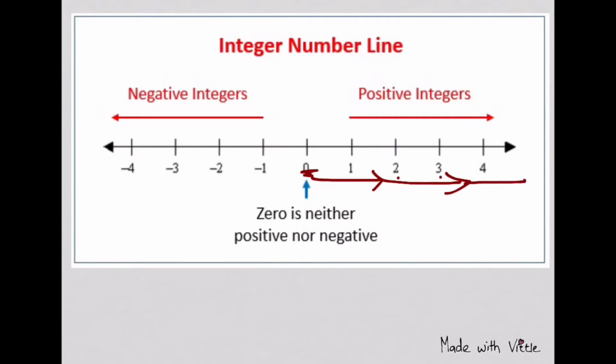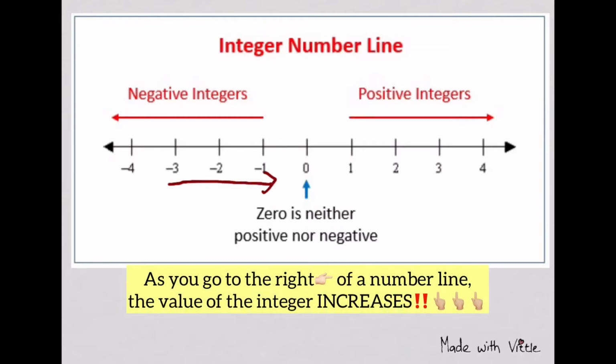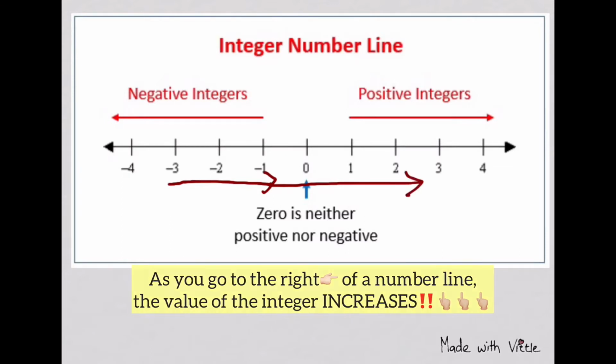That means as you go to the right on your number line, the number to the right will always be greater than the one on the left. That is the same thing even if I start on -3 here and I go to the right, my value of the integer is getting bigger. It's increasing in value. Why? Because look, I'm getting closer to the positive numbers.